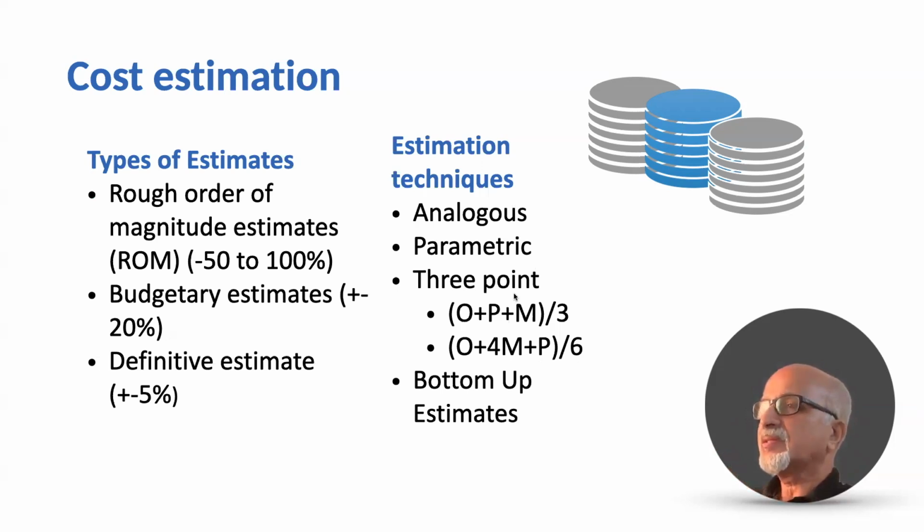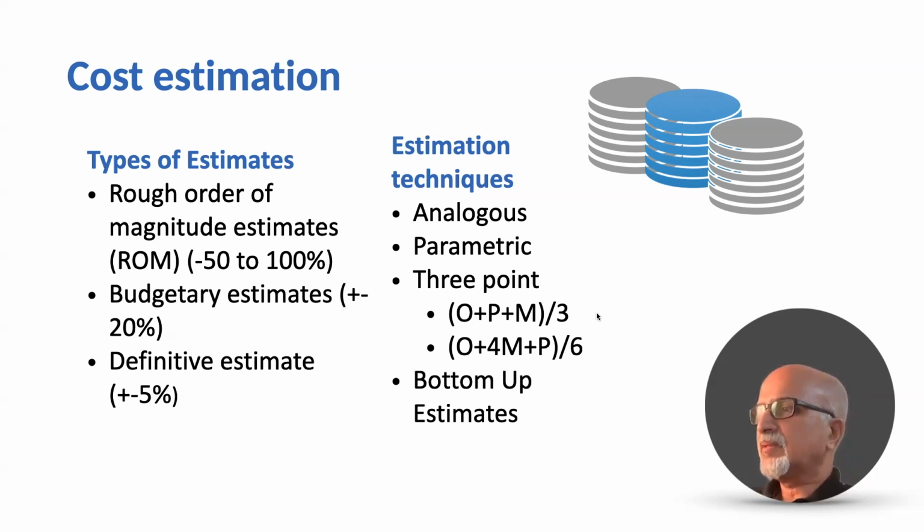Then 3-point estimation. For every estimation, we come out with three numbers. One is the optimistic number, then the pessimistic number, and the most likely number. Then we add up these three and divide it by 3.